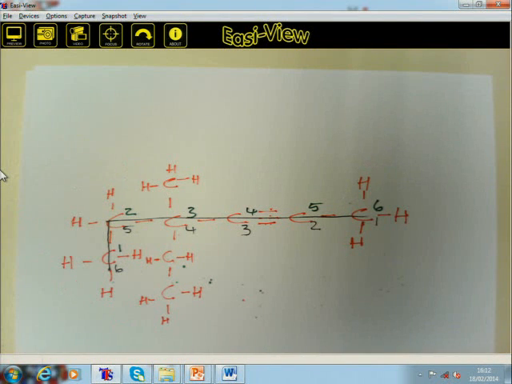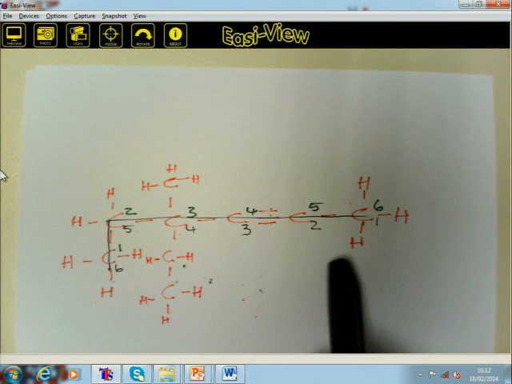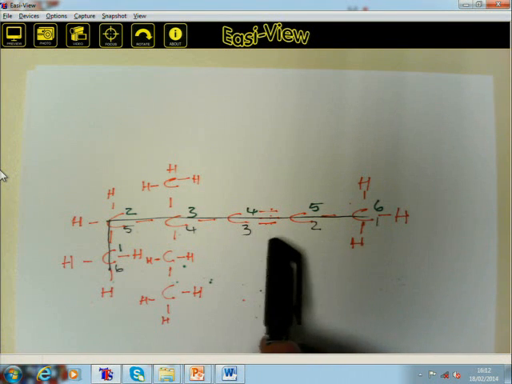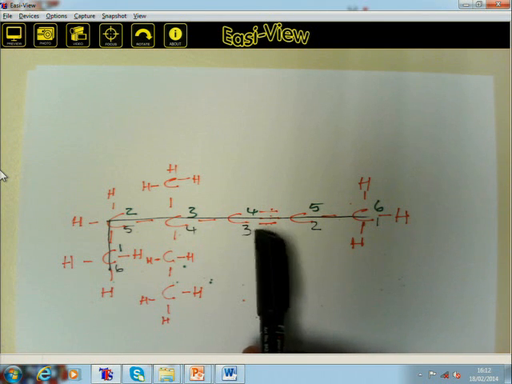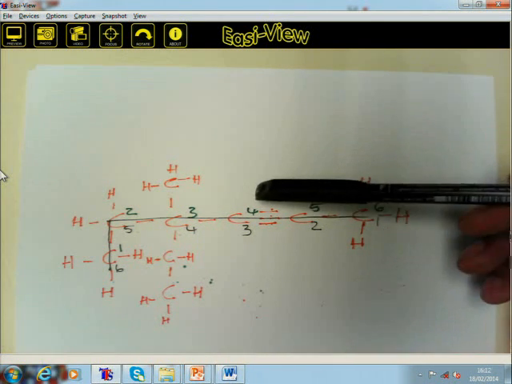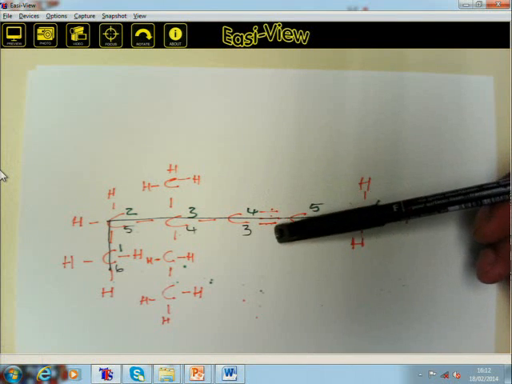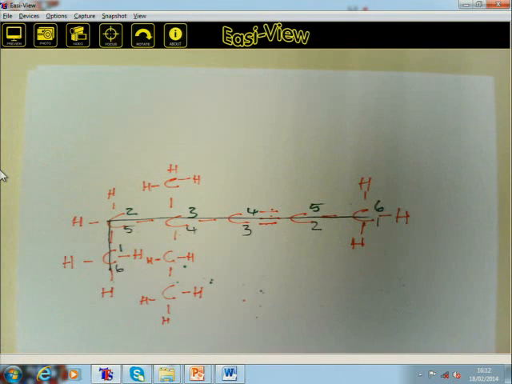So when I check my numbering and where my triple bond is, in the first numbering, the black numbering, after carbon number 2, I've got the triple bond. And in the other numbering, after carbon number 4, I've got the triple bond. Therefore, the correct numbering that I'm going to choose is the one that gives me the lower number, which is the bottom one, from right to left.